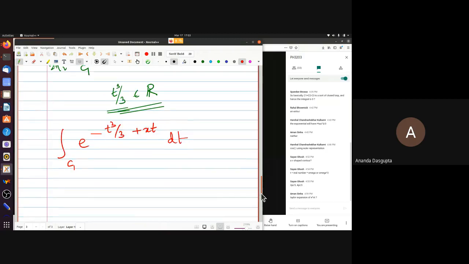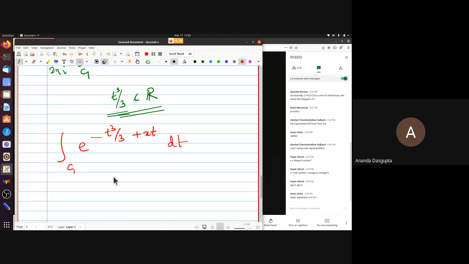What you do is basically this. Take this function xt minus t cubed by 3, which is being exponentiated. Treat this as a function of t, because that's what you're really integrating here. And now extremize this. Find out the points where this is an extremum.